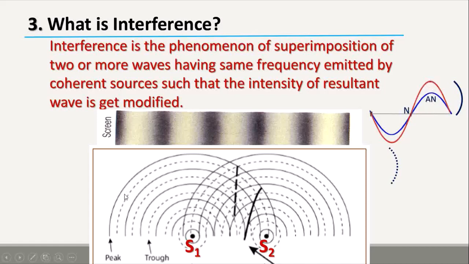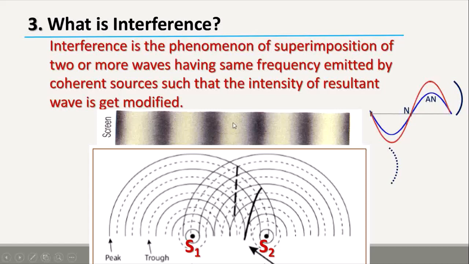Here I am showing the same diagram but in the form of circles. This thick line indicates the crest of the wave from S1, and this thick line indicates the crest of the wave from S2. Both are intersecting at this point, so here you get bright intensity.